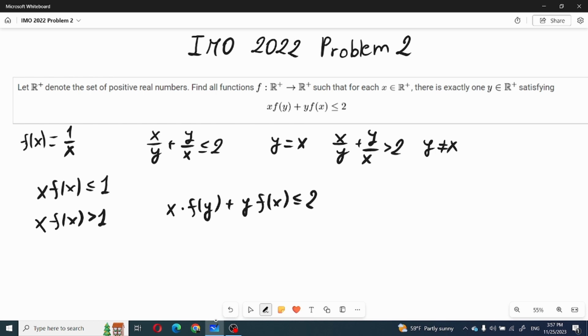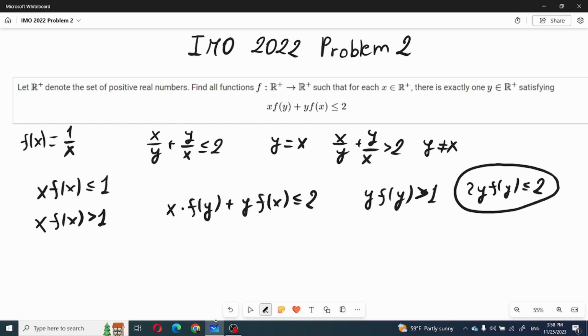Because for y, the x is also one such number, and this must be x, we can clearly see that y times f(y) must be greater than 1. Otherwise, if this was also less or equal to 1, 2 times y times f(y) would be less or equal to 2, and we get the contradiction that for y we can find two numbers, one would be x and one would be y itself.